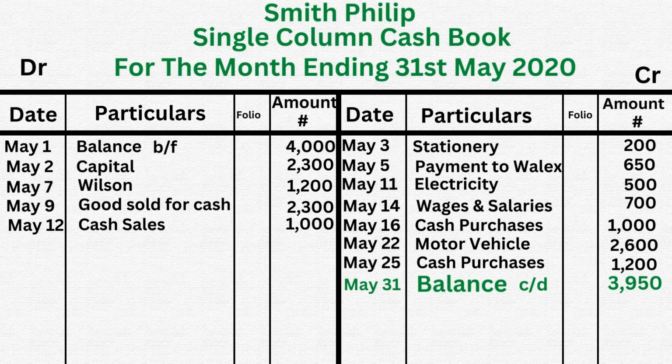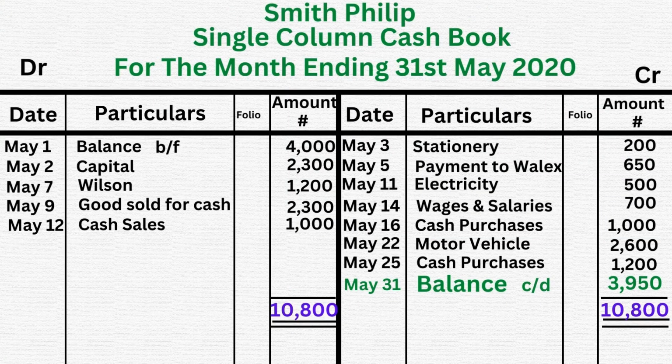Another thing is that when calculating the value contents on the debit side and that of the credit side after recording the balance carried down, the account must be balanced. That is, the total value on both sides must be 10,800 naira each. The balance carried down, balance C/D, is written on the credit side of the cash book as the cash at hand.